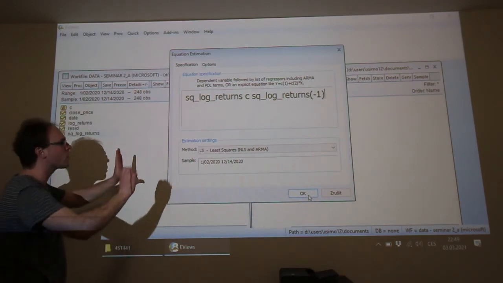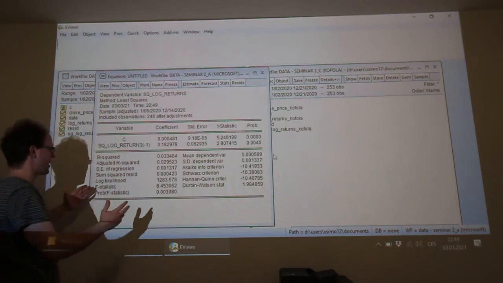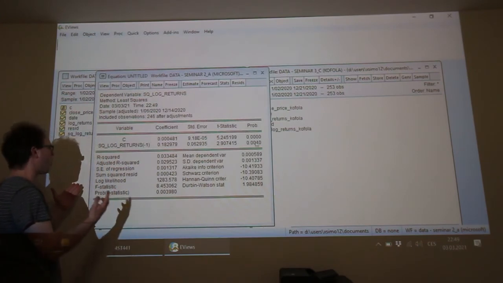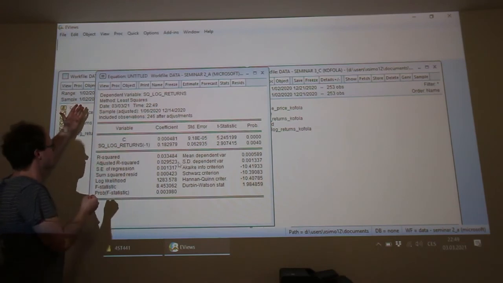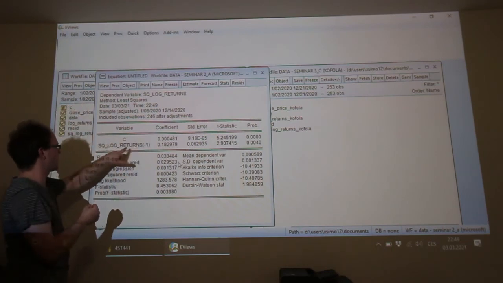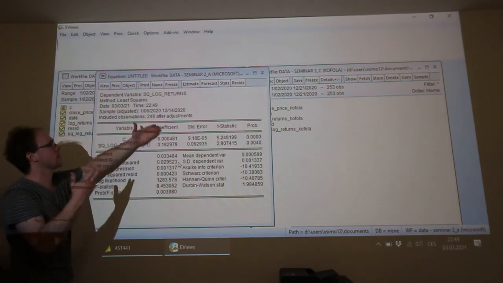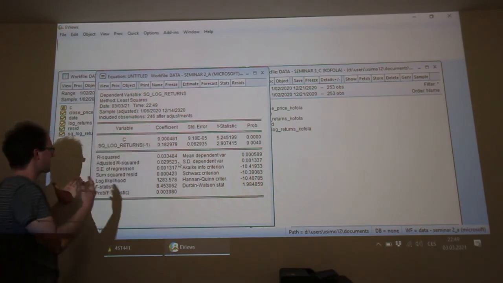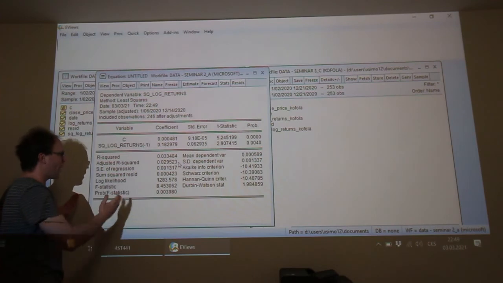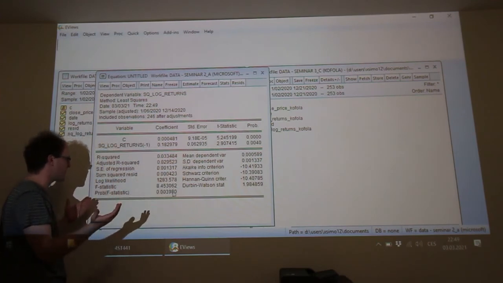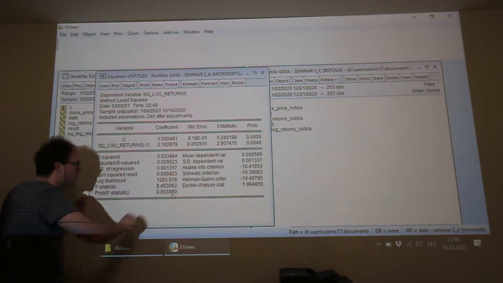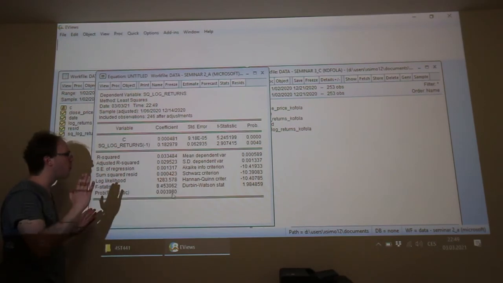Please click on OK, and there is a result of the model. We have here the C and squared log returns coefficients. It's necessary to evaluate this model according to evaluation statistics and mainly the Fisher F-test of the model.